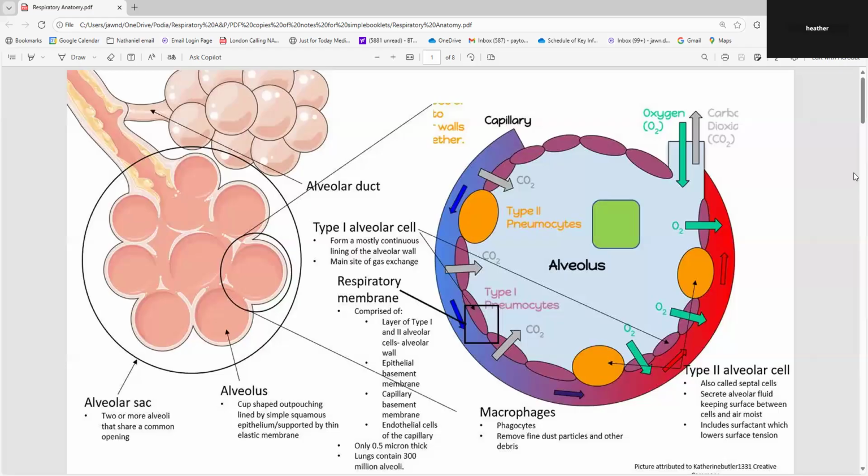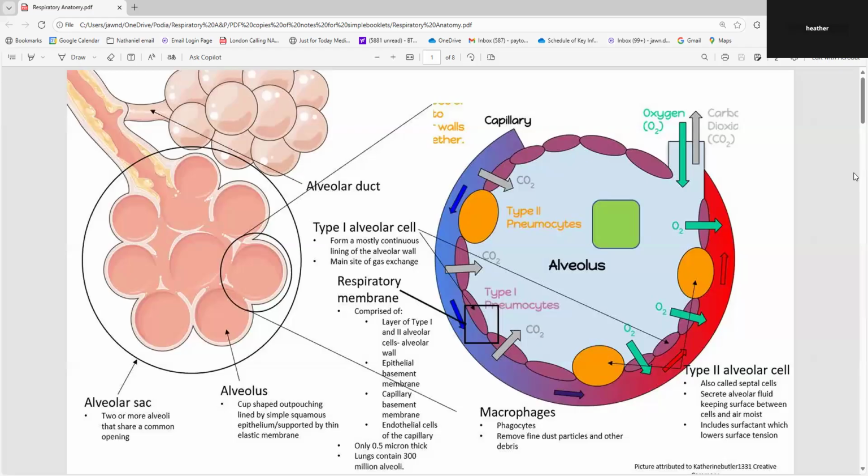And the important thing about the alveoli is that they have a big surface area. So they are made up of type 1 alveolar cells and type 2 alveolar cells with a nice big surface area. That surface area is really important, and I'll tell you why in a moment.